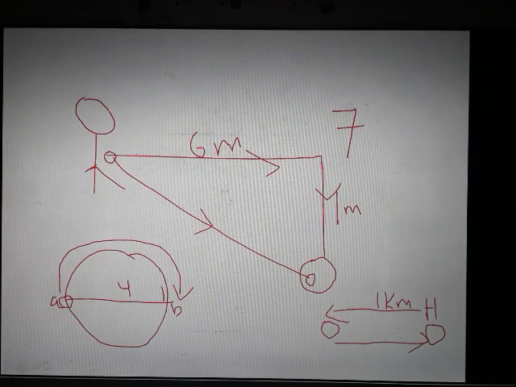So how much distance is covered by you? 1 plus 1, 2 kilometer. But displacement here, because you are coming back to the same position, your initial and final positions are the same. So here displacement is 0. So if I ask you what is the displacement of a satellite orbiting around Earth, it is 0, because it is coming back to its same position.